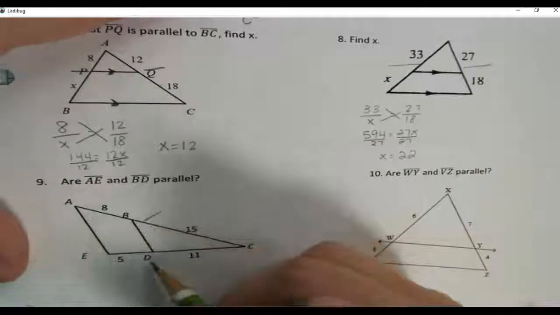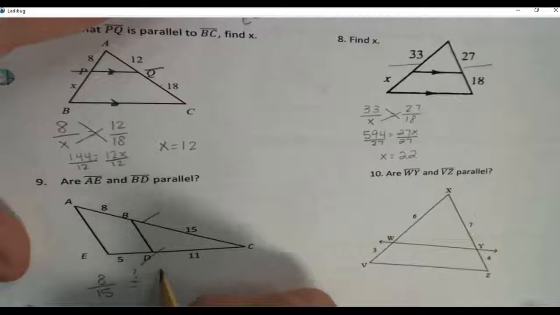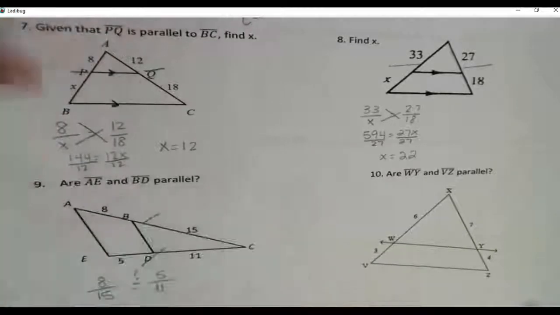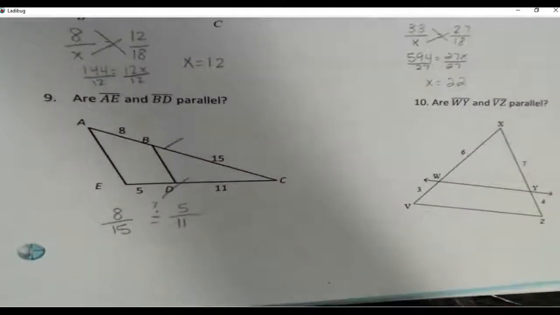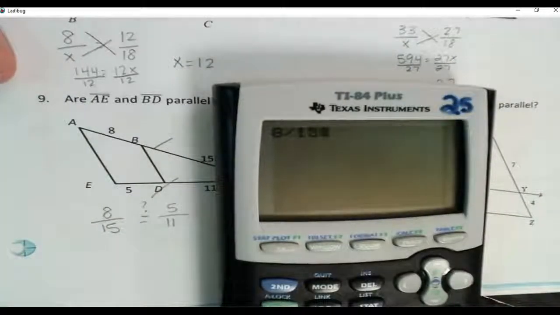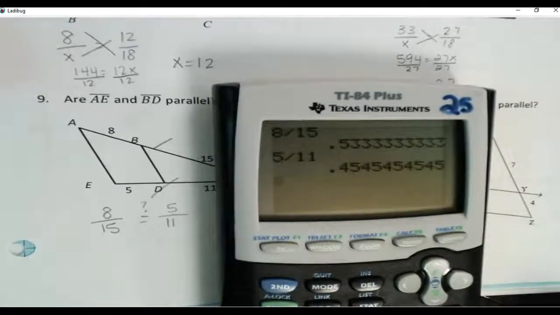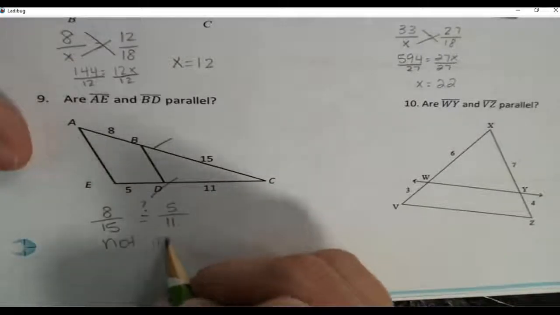If we split them, we could say 8 over 15, and we want to know, does that equal 5 over 11? 8 over 15 is 0.53 repeating, but 5 over 11 is 0.45 repeating. So then it would be no. They are not parallel.